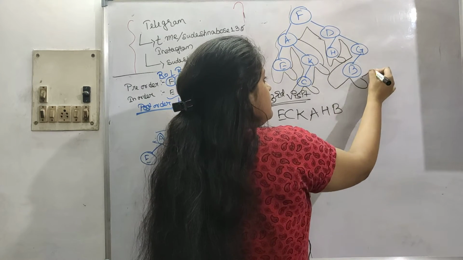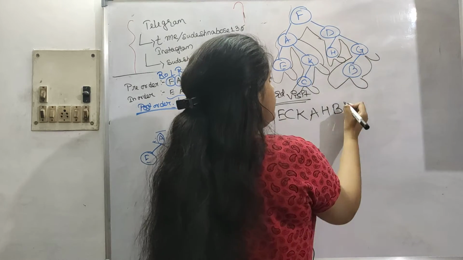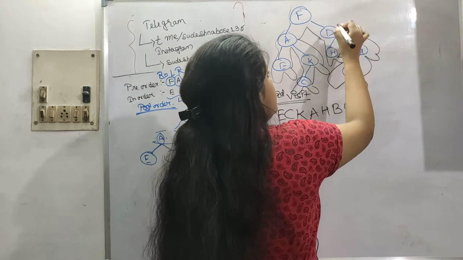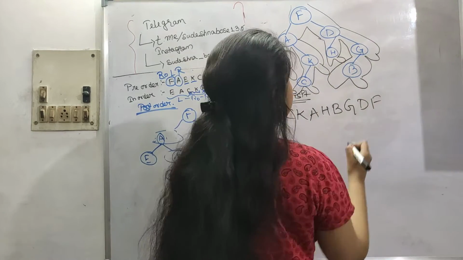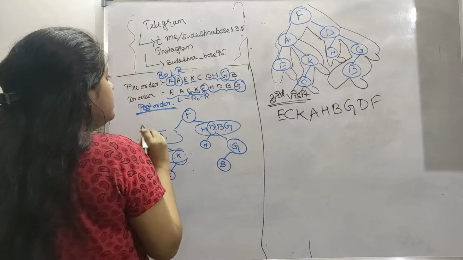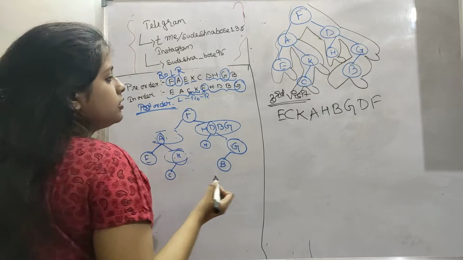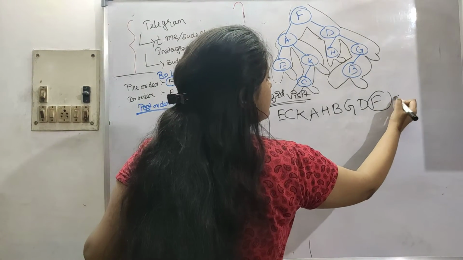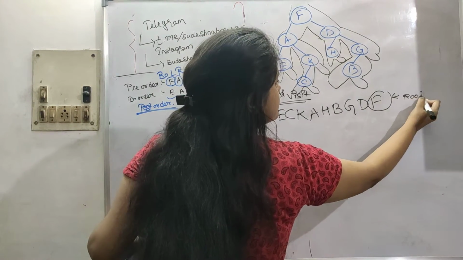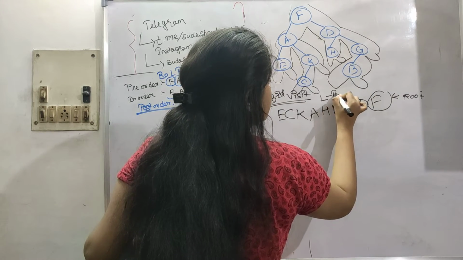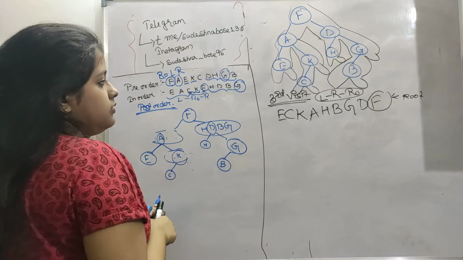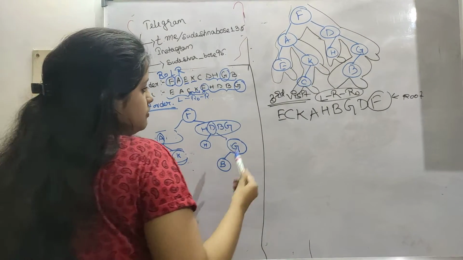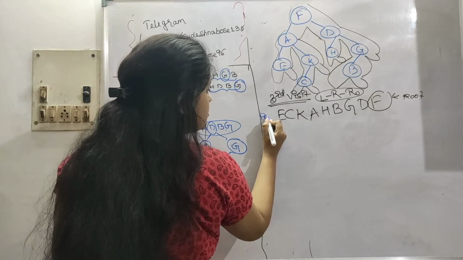B, then G is visited third time, G, then D is the third, and F is visited last. So see, here we can check it out. F is our root, F is positioned at the end. So this is left, right, root, this is actually our post-order.